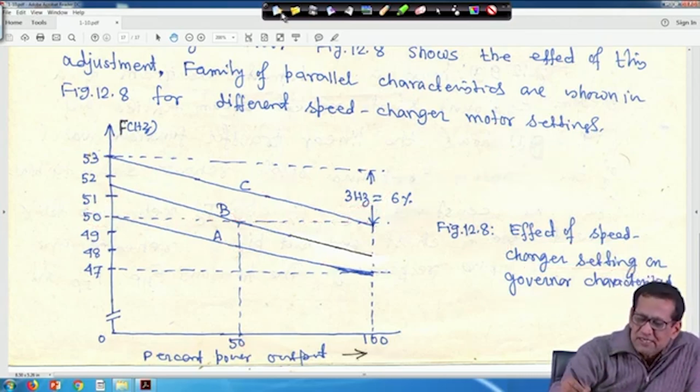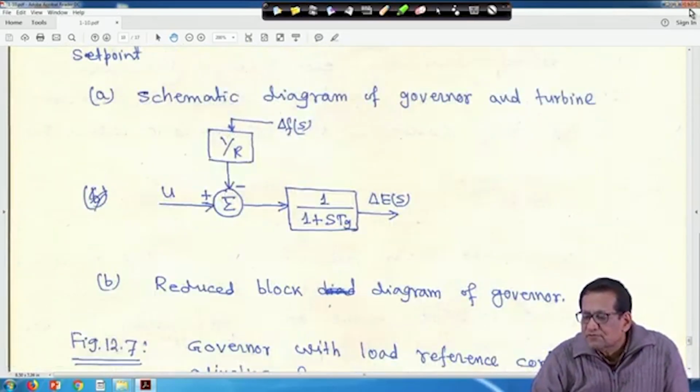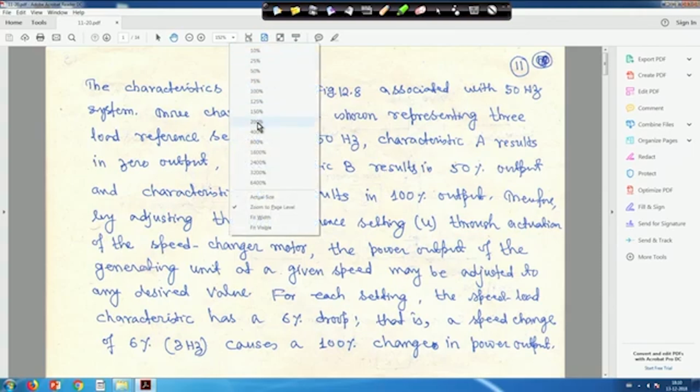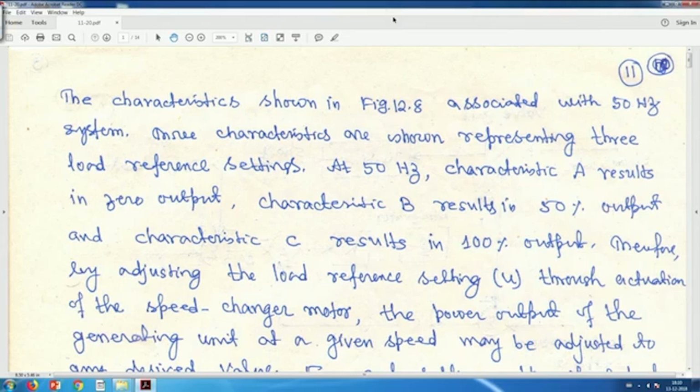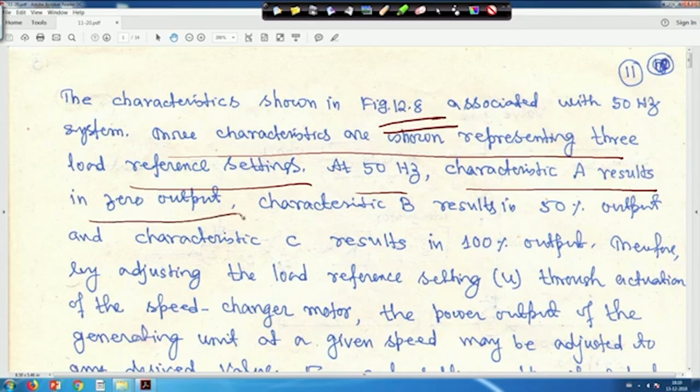So, let me clear it. We will go to the next one. The characteristics we have seen in figure 8, the 3 different characteristics associated with 50 hertz, represent 3 load reference settings, as I told you. At 50 hertz, characteristic A results in 0 output, characteristic B results in 50% output and characteristic C results in 100% output.